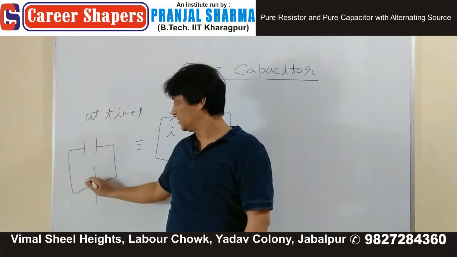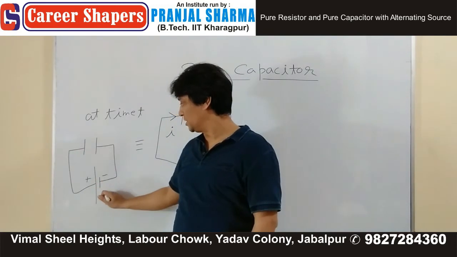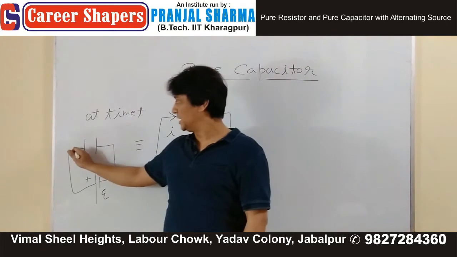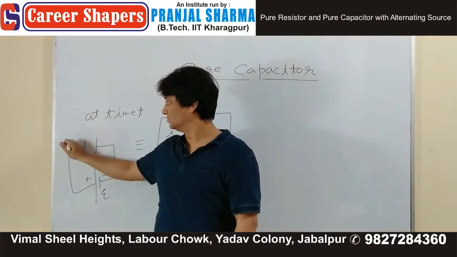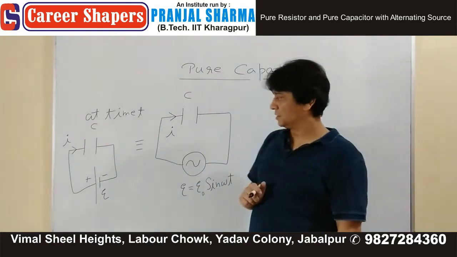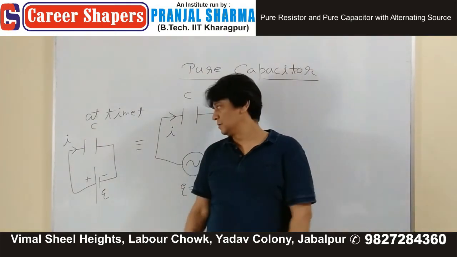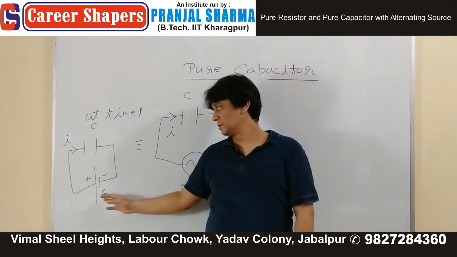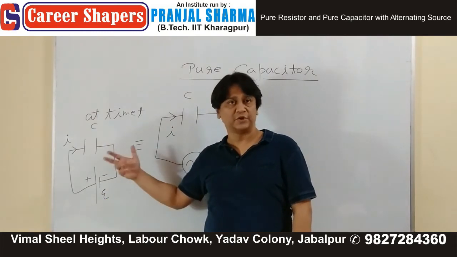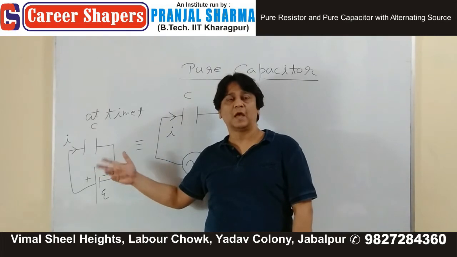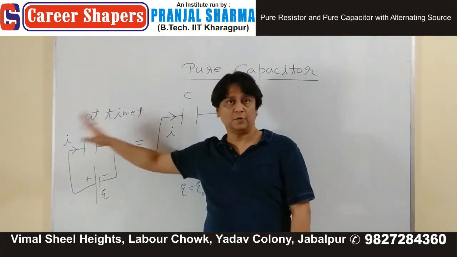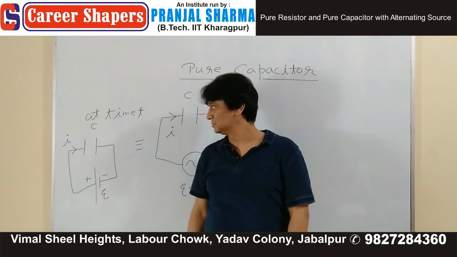This is the positive terminal, this is the negative terminal, we'll call it E. And some current is flowing in this direction. This will change its value as well as its polarity. And similarly, current will change its direction.